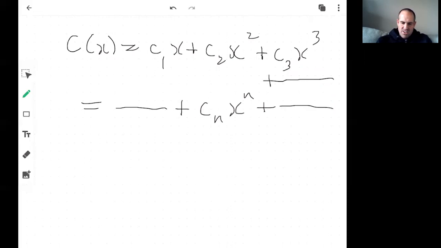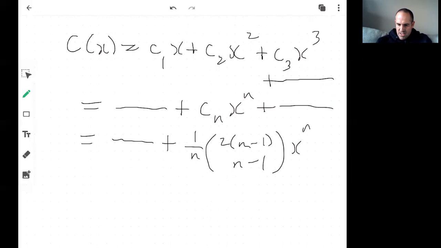But we also just discovered that the generic term is 1 over n times 2 quantity n minus 1, choose n minus 1, x to the n, plus etc.